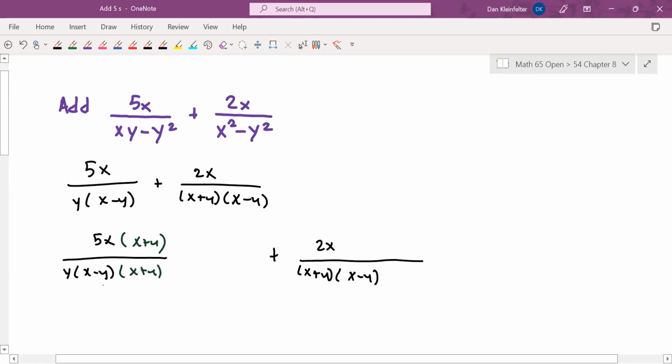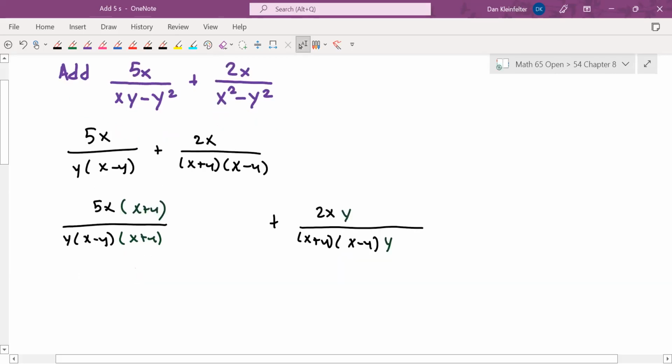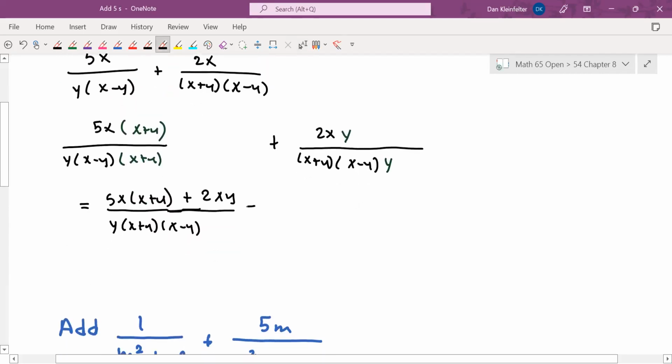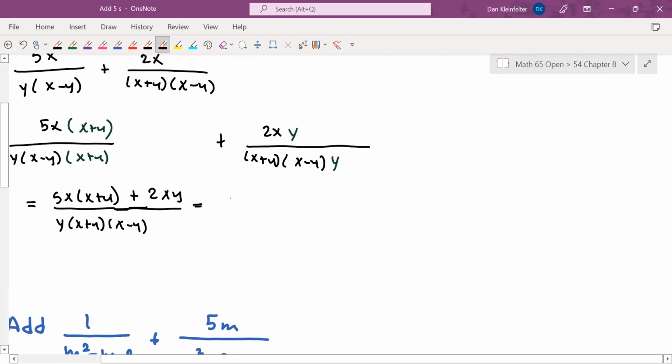Okay, and then now they both have x plus y and x minus y, but the fraction on the right is missing the y, and so we'll put the y into its top and bottom. Okay, so then down below, we'll have y, x plus y, x minus y. And up top, we should have 5x, x plus y, plus 2xy. And then I'm going to take a step or two and simplify that a little.